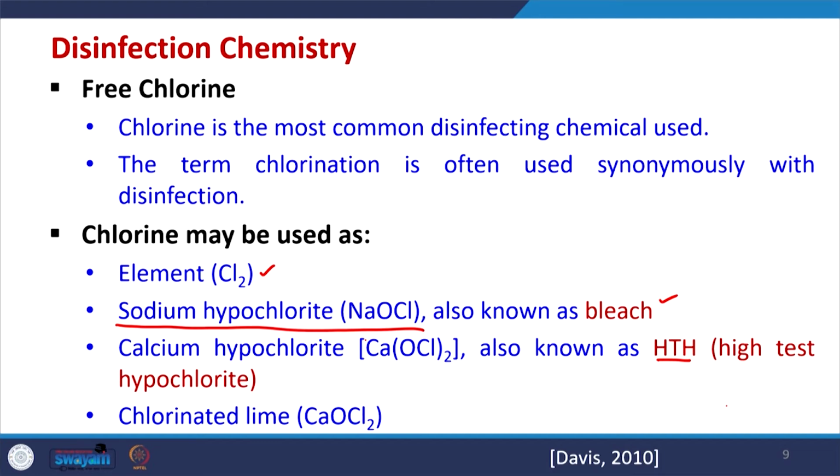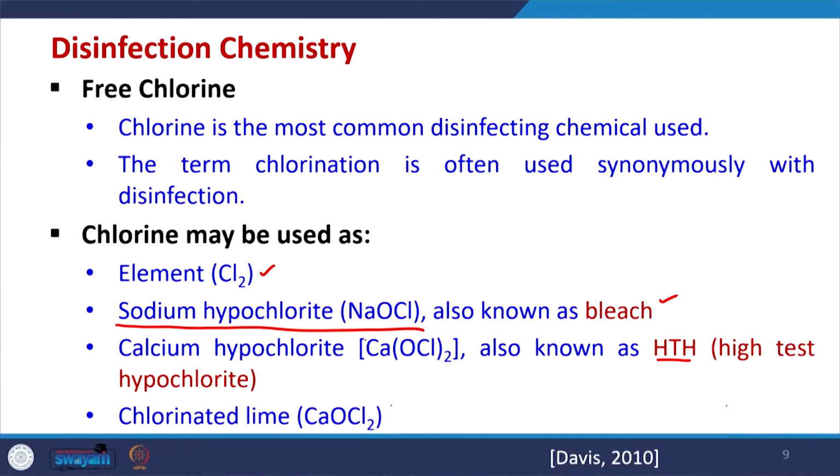The common word in the field is, they will tell, okay, we are using hypo. Sometimes the laborer or the person who is using it may not know whether it is sodium hypochlorite or calcium hypochlorite, but hypo is a very common word, and hypochlorite is used as a disinfecting chemical for water. In addition, chlorinated lime can also be used for disinfection.